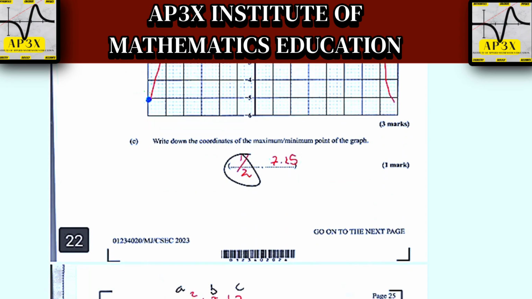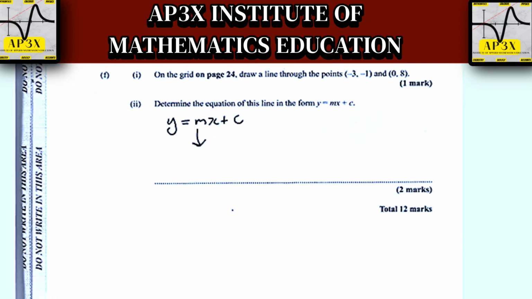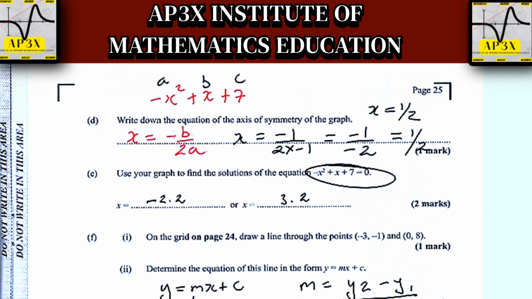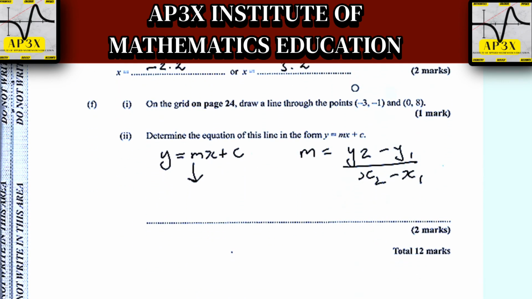I could use the formula. In fact, let's just go ahead and use the formula y2 minus y1 over x2 minus x1. I'll just use the formula since I was already given the points here. So this is x1, this is y1, this is x2, this is y2.